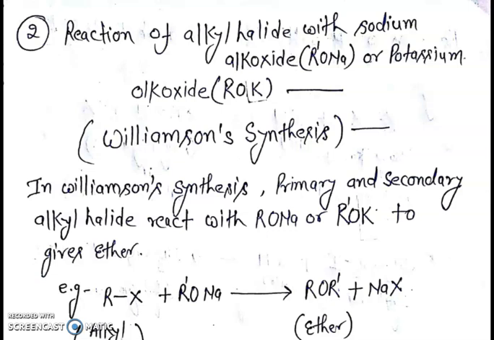Second, reaction of alkyl halide with sodium alkoxide or potassium alkoxide. This reaction is known as Williamson synthesis. In Williamson synthesis, primary and secondary alkyl halide react with sodium alkoxide or potassium alkoxide to give ether.